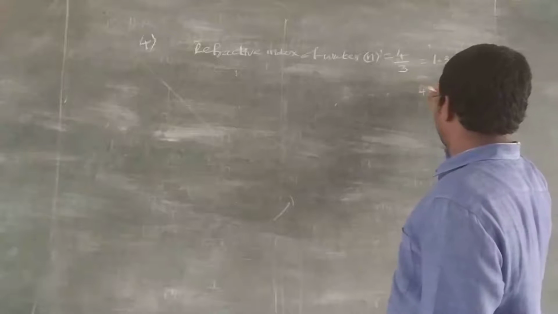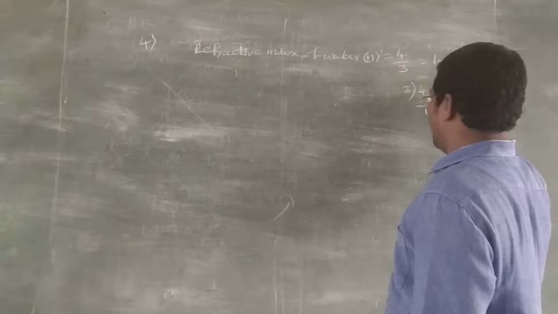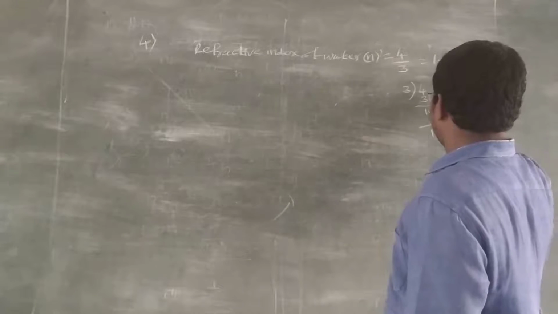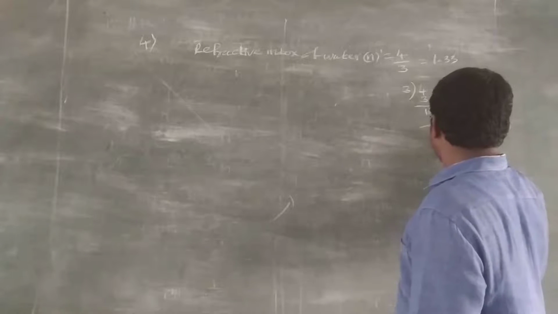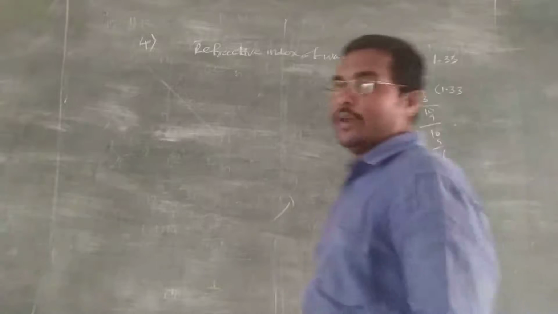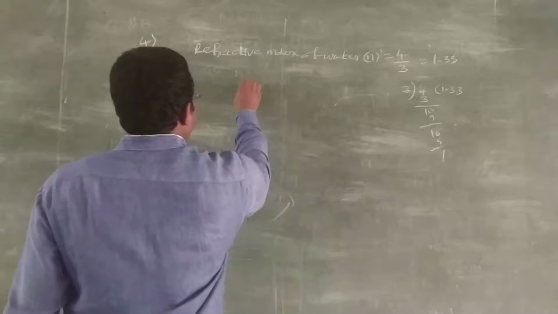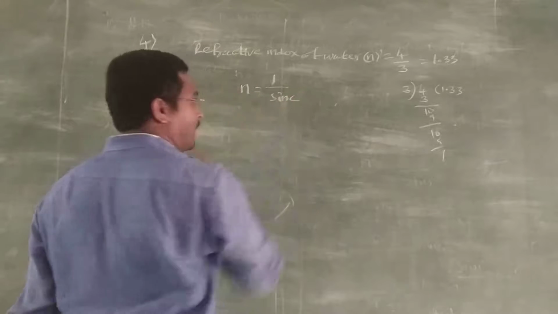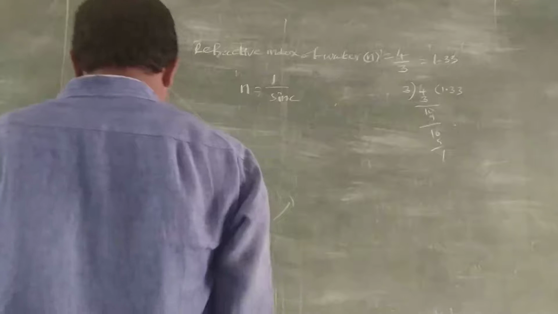Simplify 4 by 3, you can write as 1.33. Now n is equal to 1 by sin c. You want the critical angle here. What is the critical angle of water?